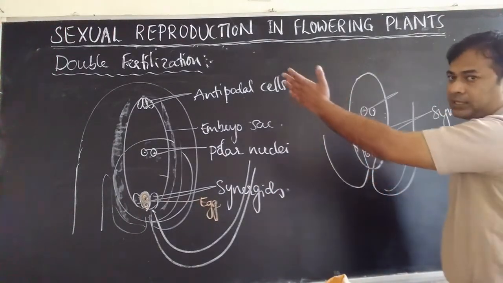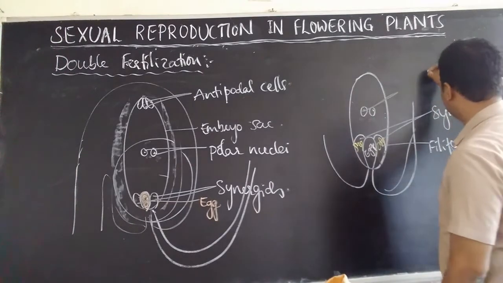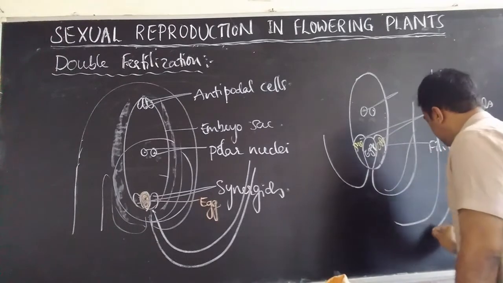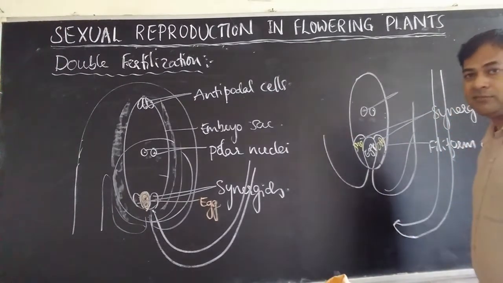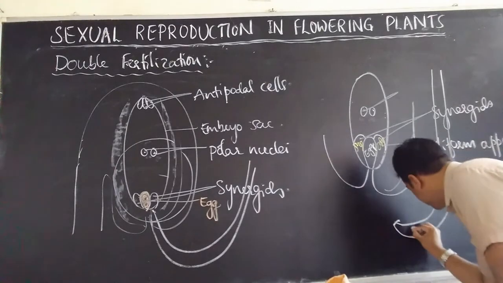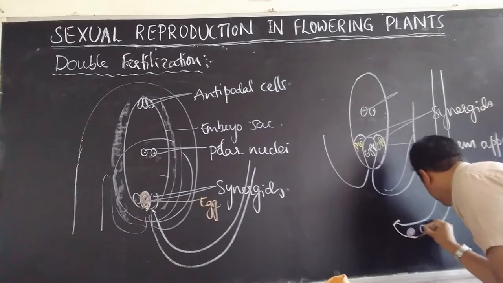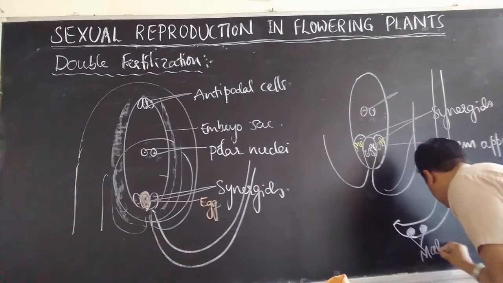How exactly double fertilization occurs, we will see. When the pollen tube has to enter, suppose this is a pollen tube, it will have 3 nuclei totally, because you remember the generative nucleus divides into 2. These 2 are called male gametes.